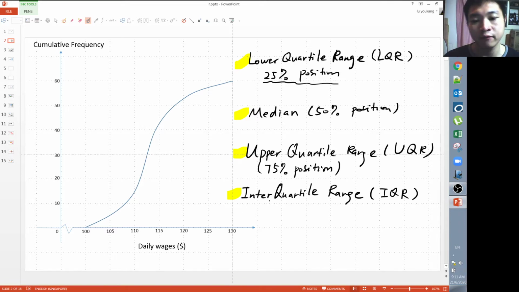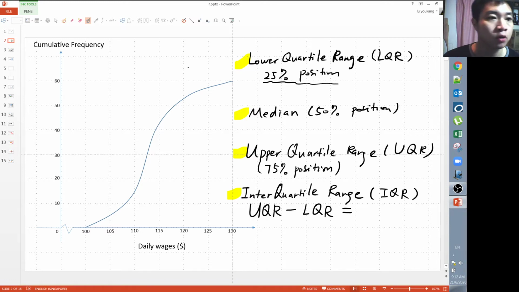For the interquartile range, you use your upper quartile range minus your lower quartile range. That gives you your interquartile range. Let's go ahead and find our 25% precision first, which is the lower quartile range.